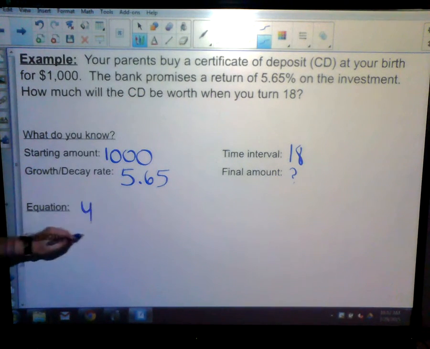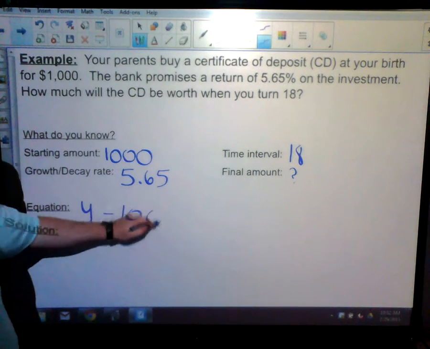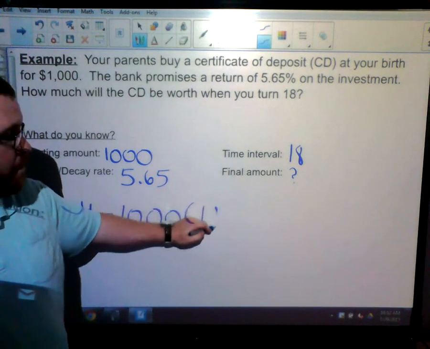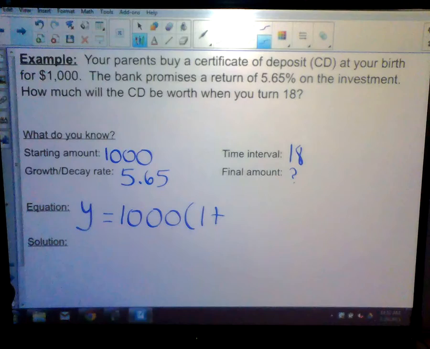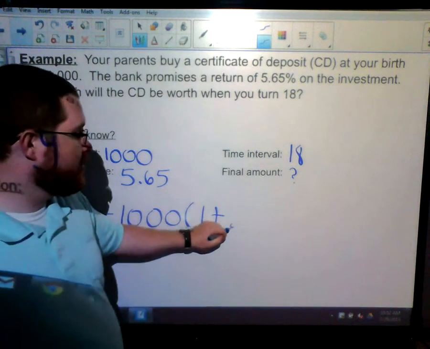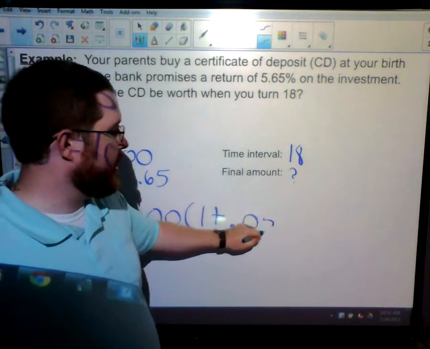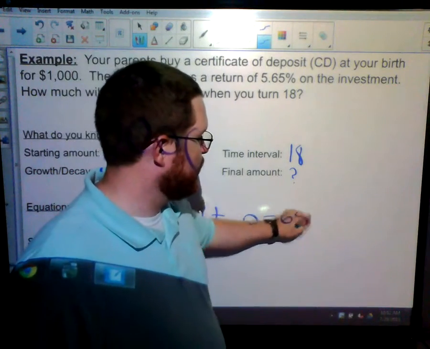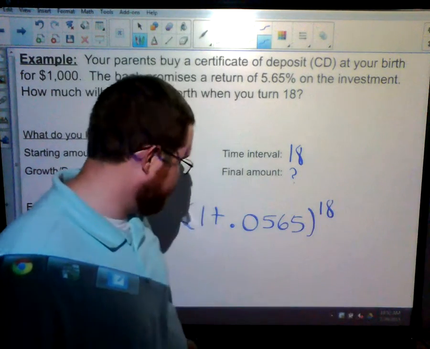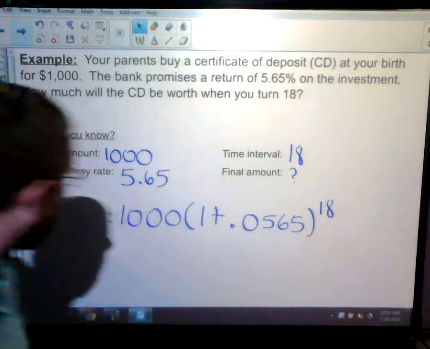So my equation is y equals 1,000 times 1 plus, not 5.65, I need to turn it back into a decimal, 0.0565, raised to the 18th power. That one's really easy.